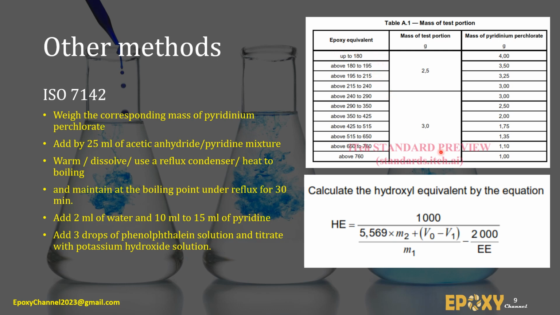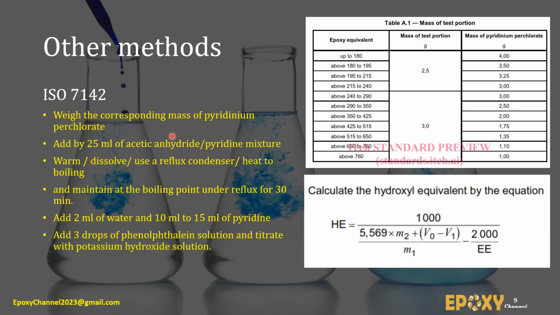So actually we measure the epoxy equivalent of the sample first, and after that, based on the number available for EE, we consider the proper amount of the mass and the use of, for example, pyridinium perchlorate solution, which is supposed to be used for titration.